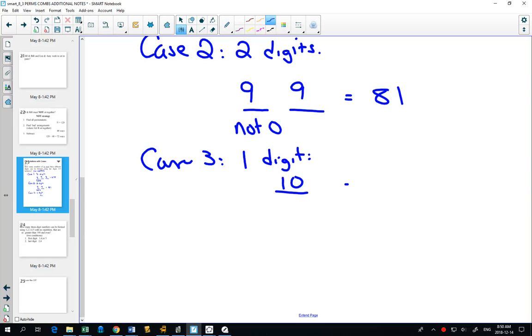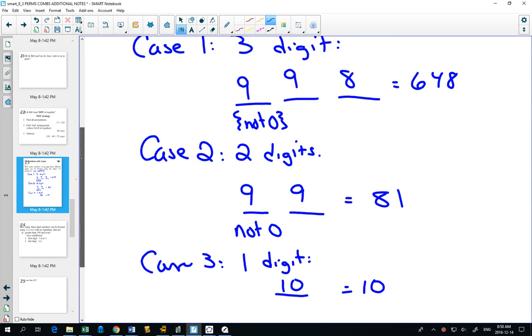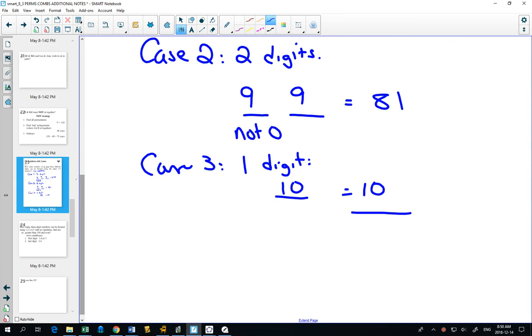So here you'd have 10 choices because it could be 0. Add them all up for 739 different numbers of at most 3 digits where the digits aren't repeating. The 1-digit number could be 0. That's why there's 10 choices.